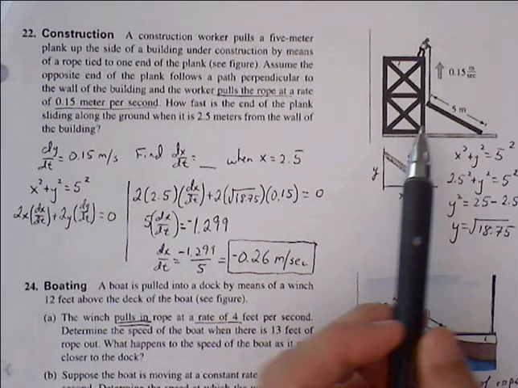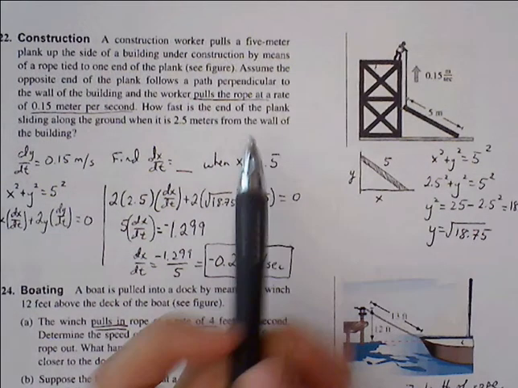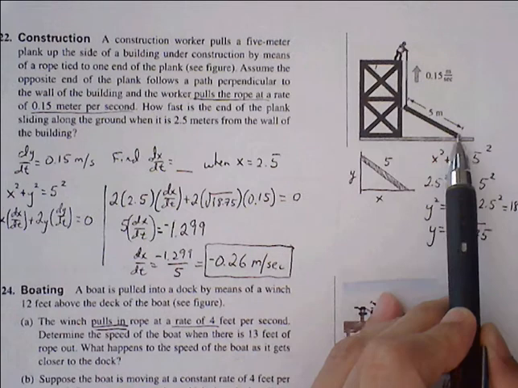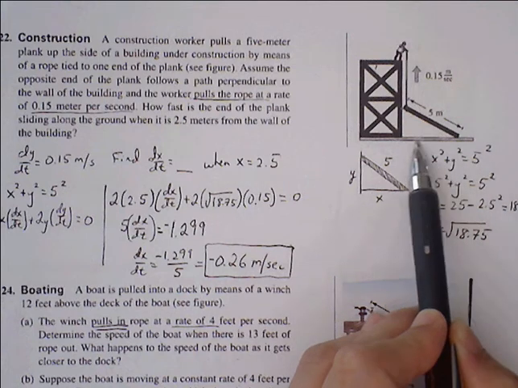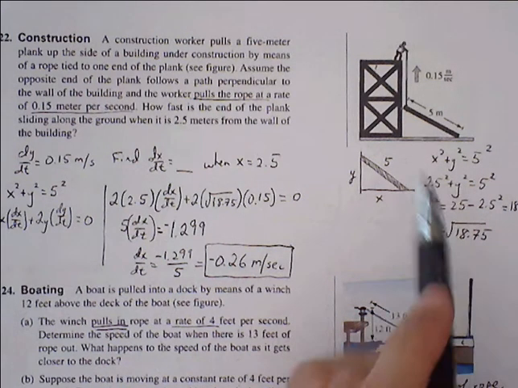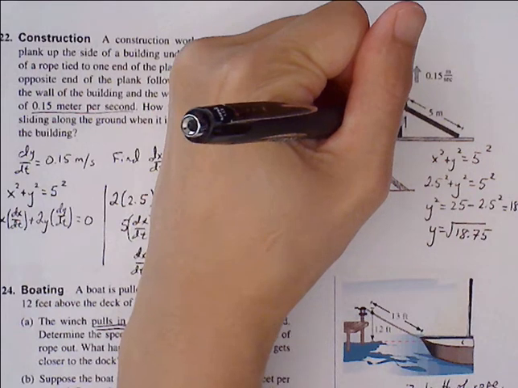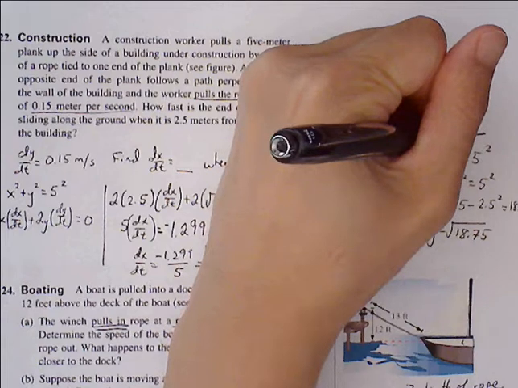So let's think about what's happening with this plank here. As the plank is being pulled up, it's also sliding. This end of the plank is sliding along the ground towards the wall. So we have the plank going up and also moving to the left.